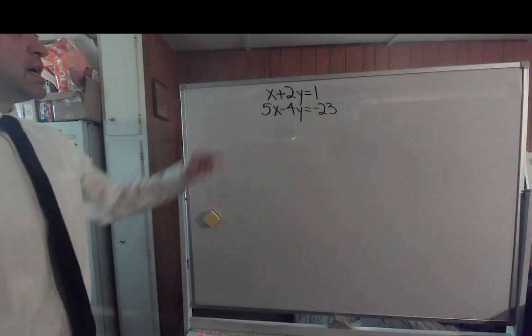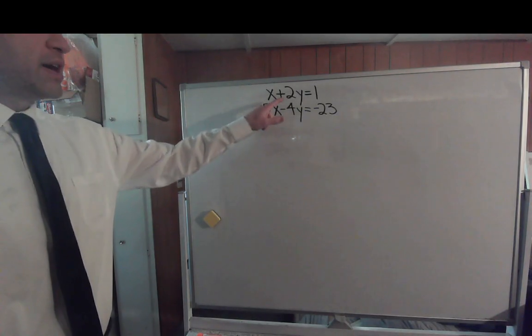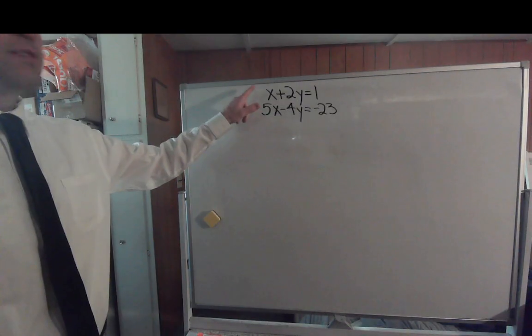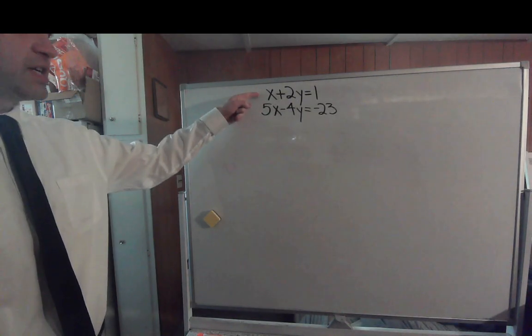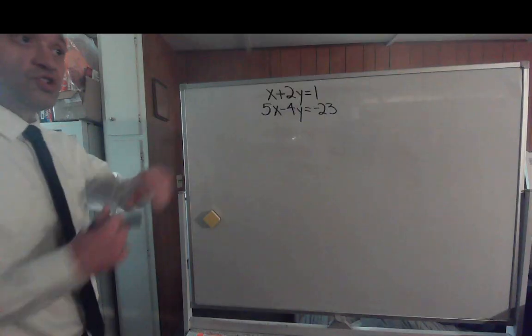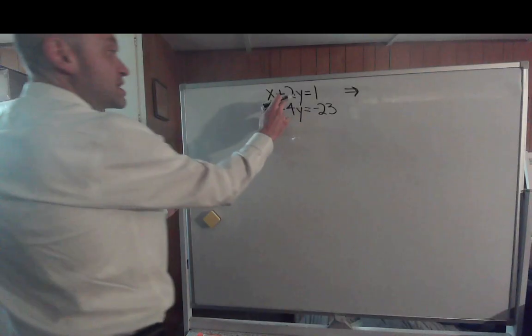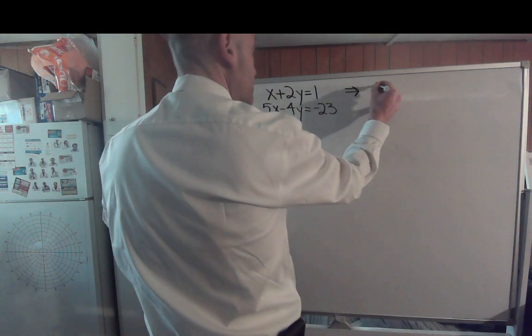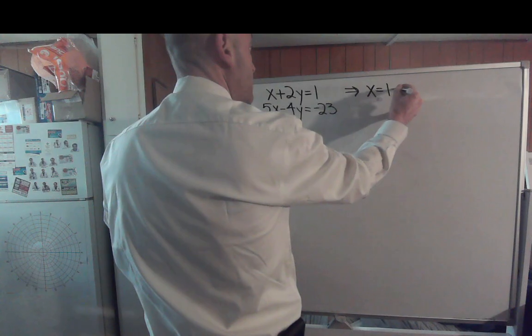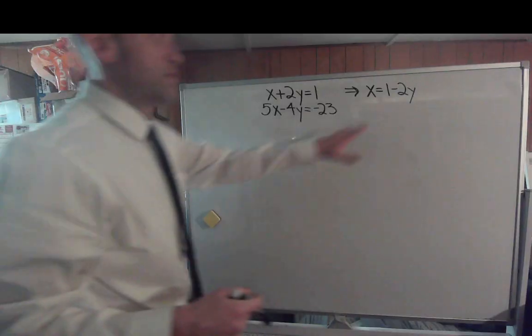So usually that's ideal if one of your variables has a coefficient of 1. If we look in the first equation, the x variable has a coefficient of 1, so we can get a substitution value for x in terms of y. So this x plus 2y equals 1 would turn into x equals 1 minus 2y. So we found the substitution for x.